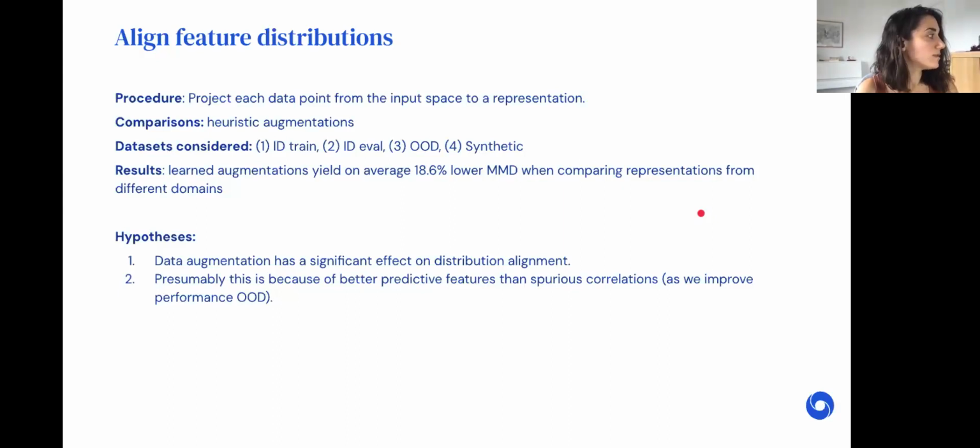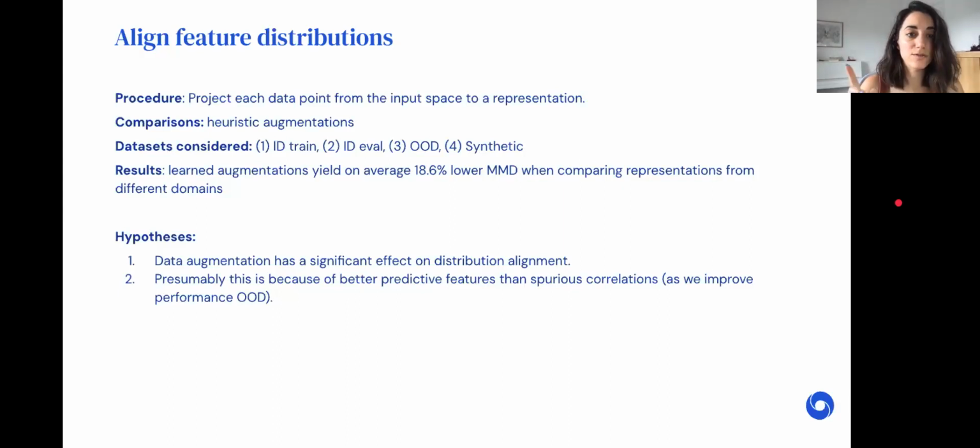And what we observe is that we had lower MMD for synthetic augmentations by almost 20% in comparison to heuristic augmentations, which led us to the following conclusions. First of all, that data augmentation has a significant effect on distribution alignment.